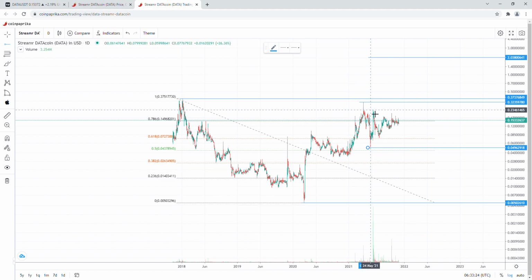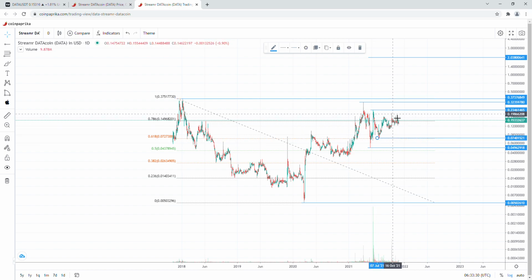We have number 3, number 3. And we even have a number 4, right? So we understand on the 3-year picture, we have a bullish continuation pattern as well.